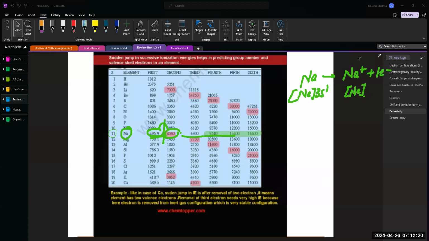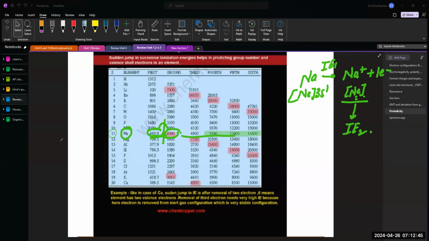And now this is very hard to remove electron from noble gas configuration. Shell is closed. It's a noble gas. They have the highest ionization energy, big jump, IE1 to IE2. There is a big jump. So it means only one valence electron.